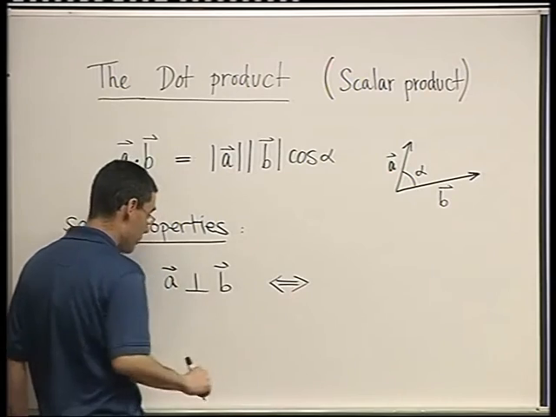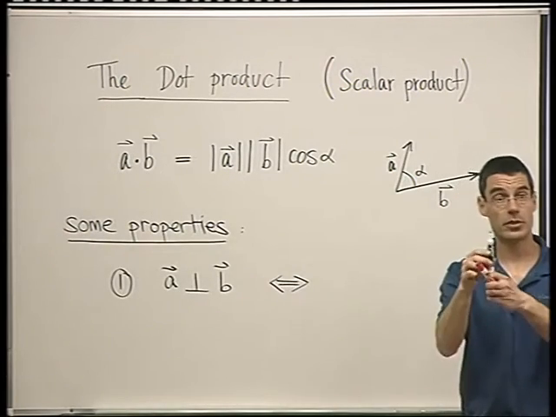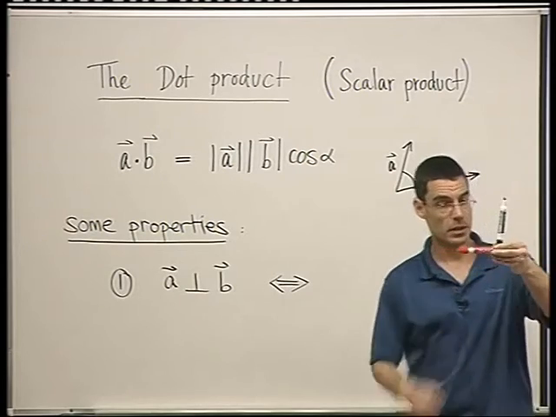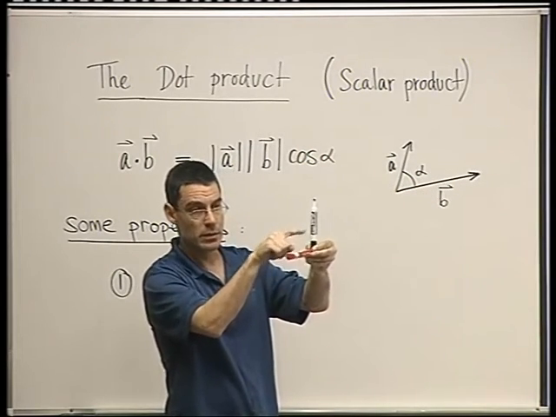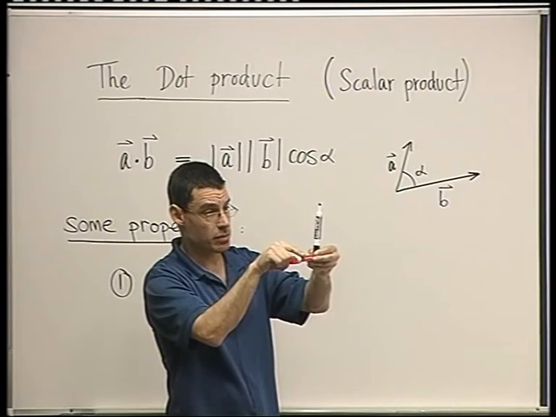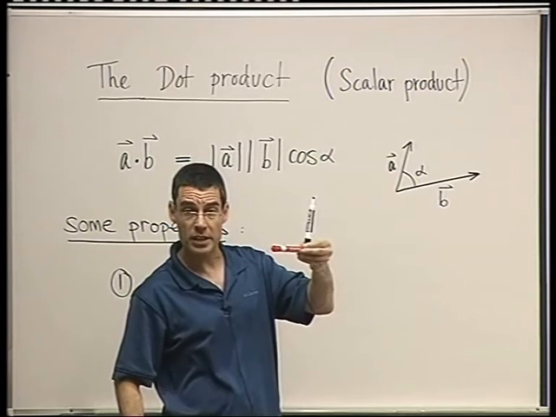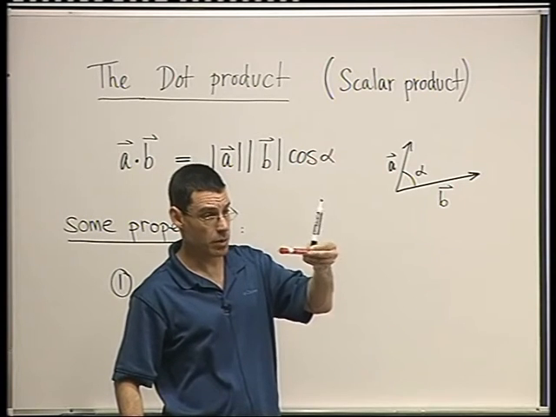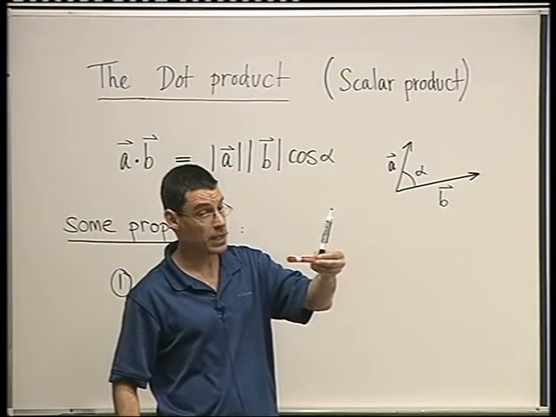If and only if, what? When are two vectors perpendicular? When the angle is 90 degrees. What does it mean about the cosine of the angle? It's 0.